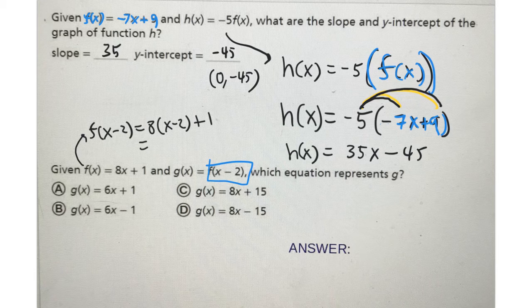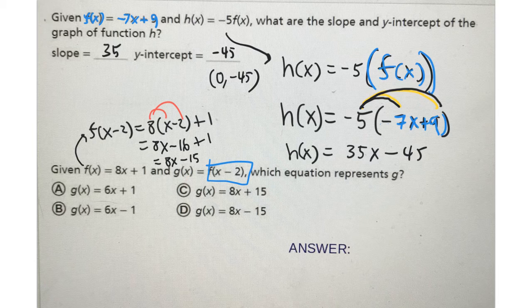And then all we'd have to do to simplify that is distribute, so we have 8 times x is 8x, 8 times negative 2 is negative 16, plus 1. So that becomes 8x minus 15. So in reality, f of x minus 2 is equal to 8x minus 15.